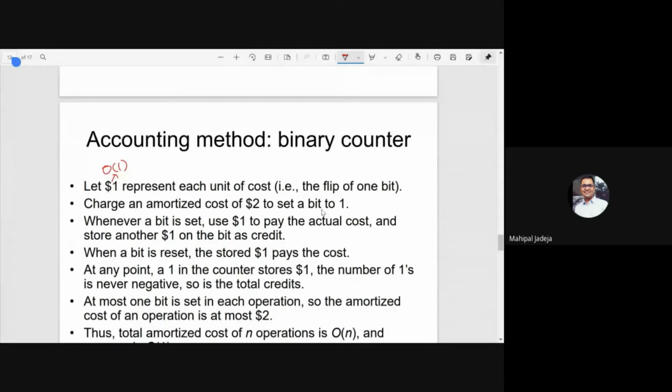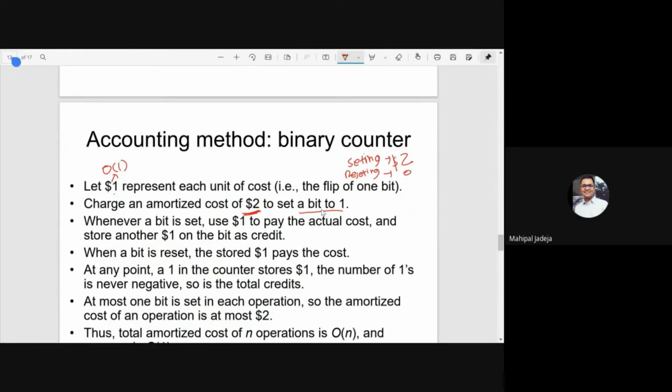So instead of $1, we are going to pay $2 to set a bit to one. In resetting, the payment required is order of one, which is $1, but instead of that we will give 0.